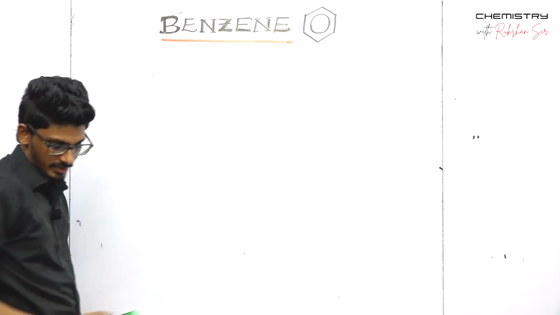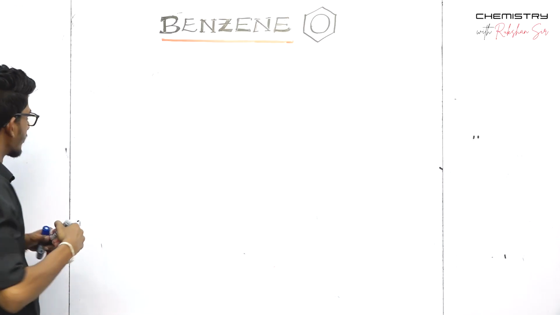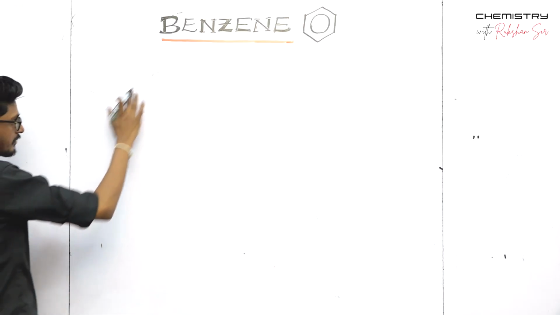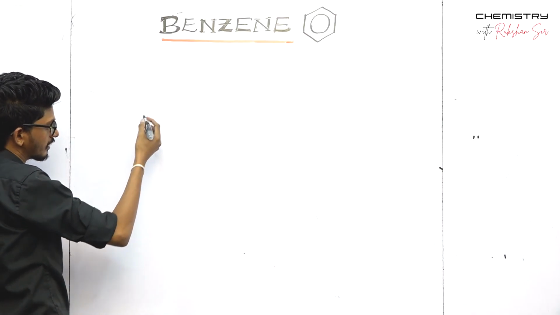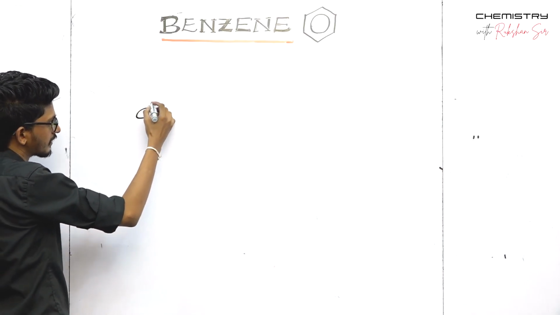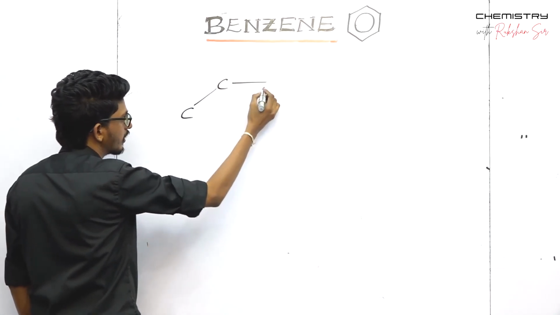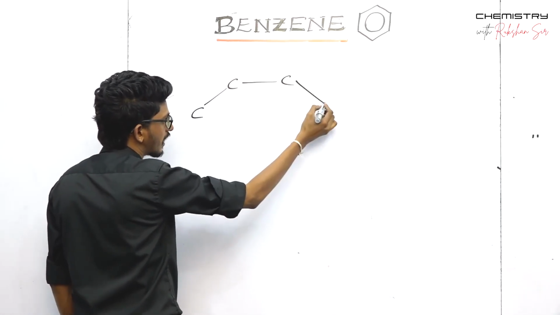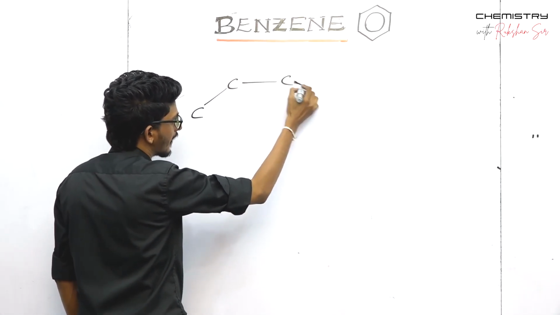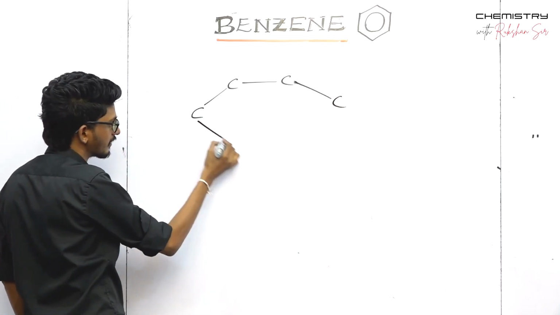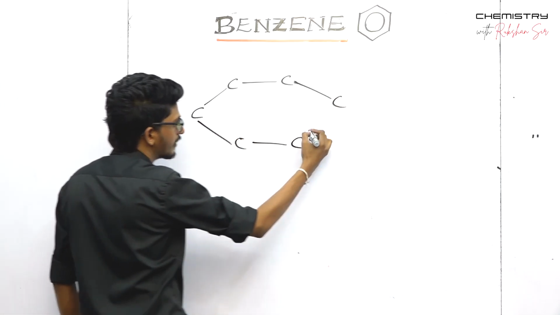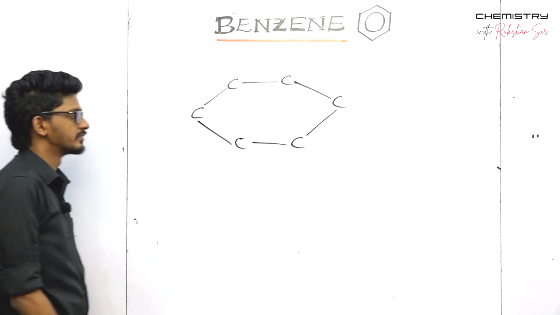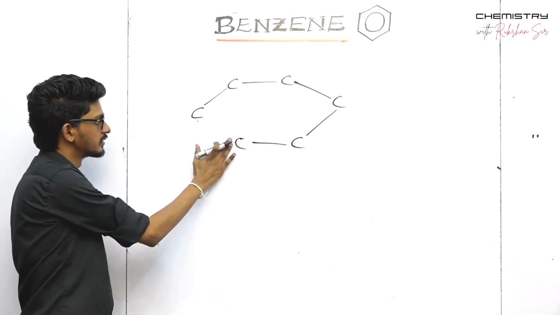The benzene looks like this. So the actual picture, the hybrid picture, looks like this. Basically 6 carbons. All the 6 carbons of benzene appear in one single plane. That is very special with the benzene. This is very important.